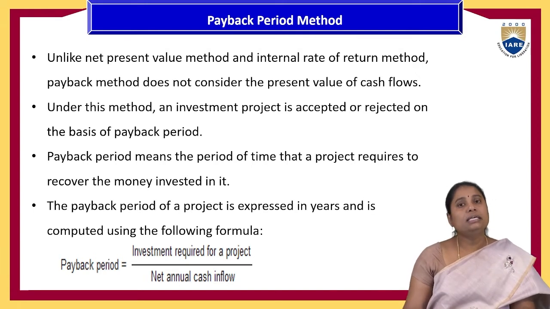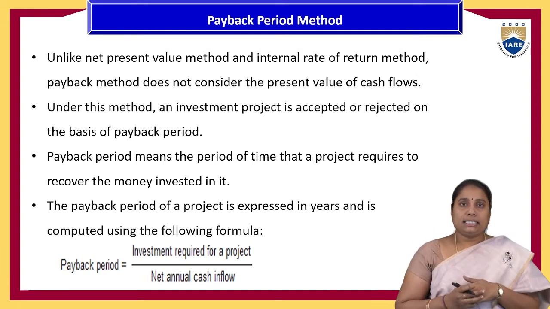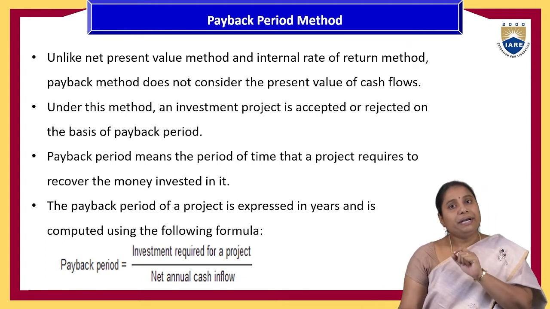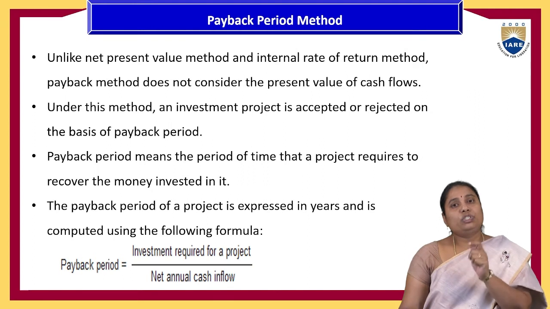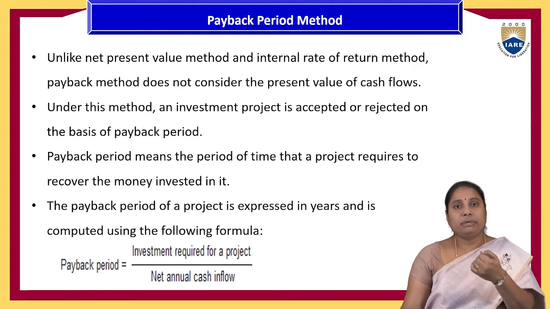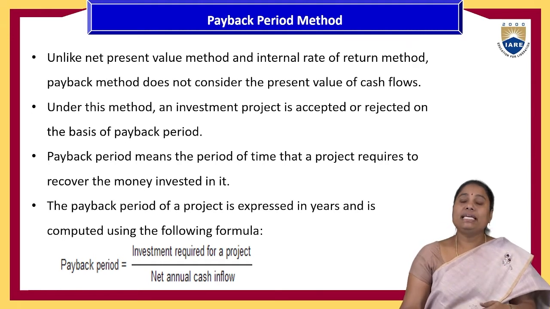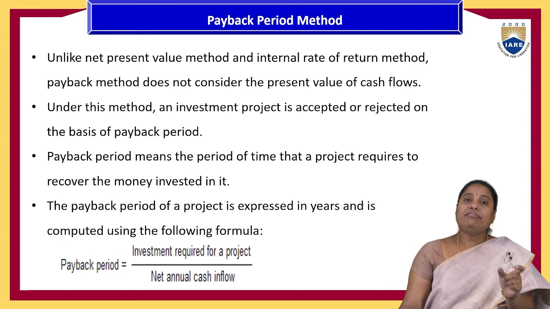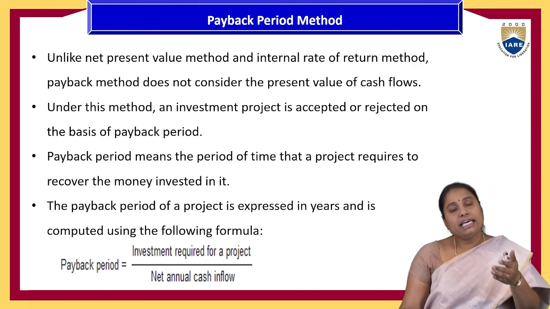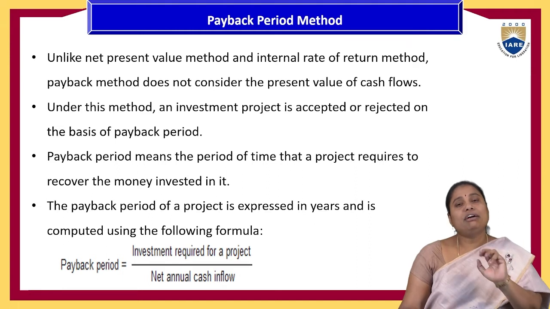For example, take a machinery, let's say a printer. With that printer, they are investing 25,000, and every year they expect 5,000 revenue from it. Then we can easily say that if they get 5,000 every year, their investment will come back within 5 years.